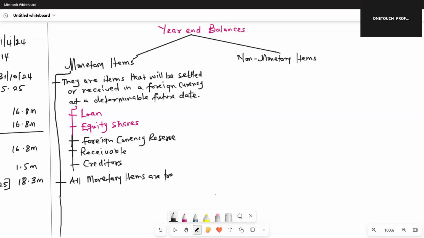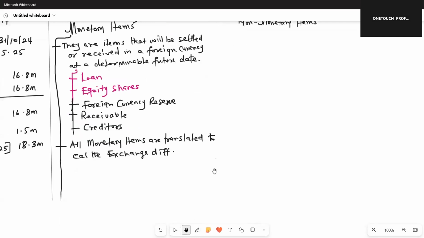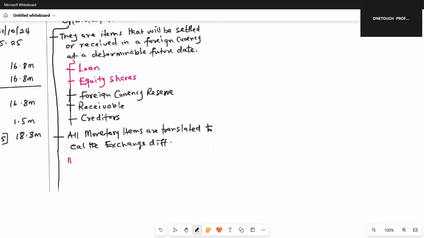are translated to calculate the exchange difference. If you have a monetary asset, let me draw it in the form of a table so that it will be simple.